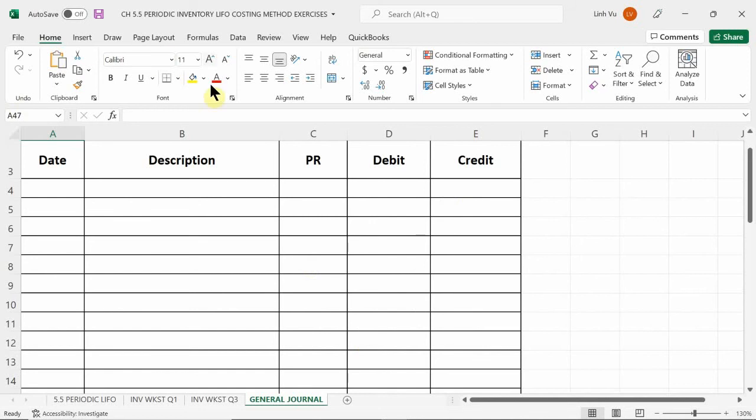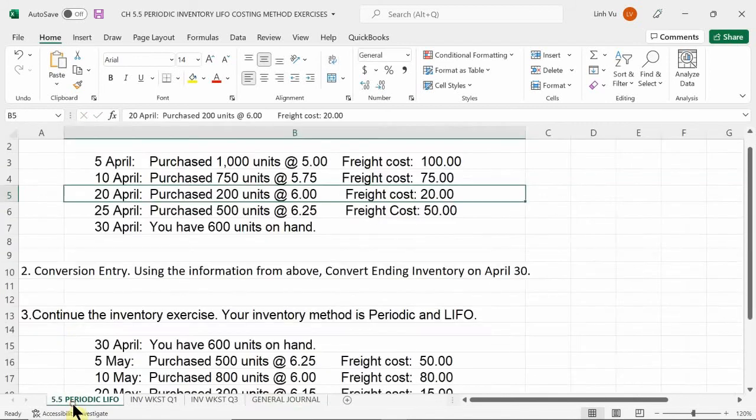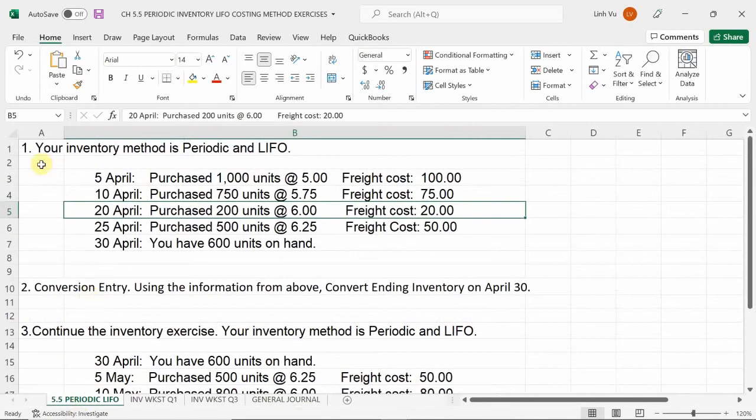So we'll practice just the first set of scenarios, and then we'll go ahead and practice the inventory worksheet more. So the date is there. First thing that happened was, here's your scenario.